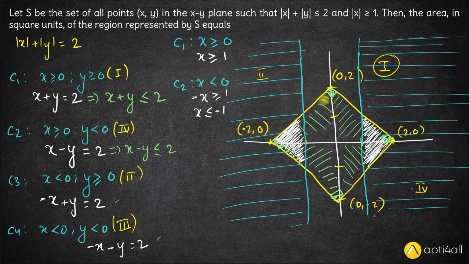Now to calculate the area, both these white regions will be of the same area because they are symmetric figures, right? So let's just calculate the area of one of these parts, and double of that will be the total required area. Now we know this is a right angle triangle.